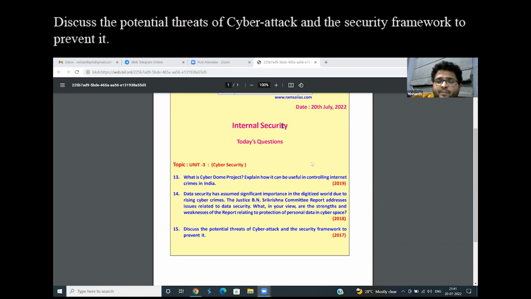And then what are the other parts of cyber attack? Drug trafficking, how drugs are being carried from one country to another country. And then recruitment, and hacking of bank accounts of various individuals.